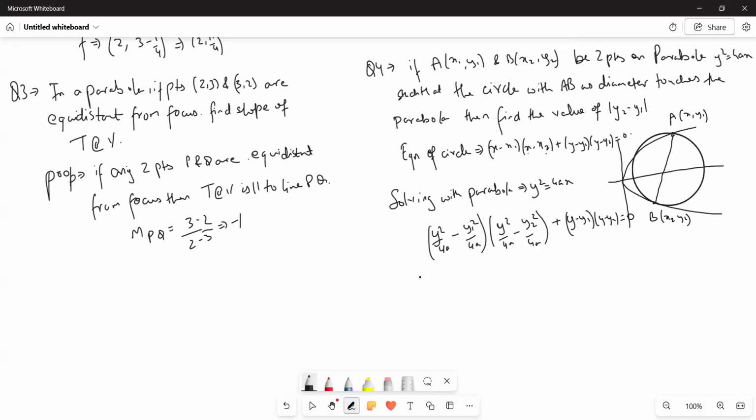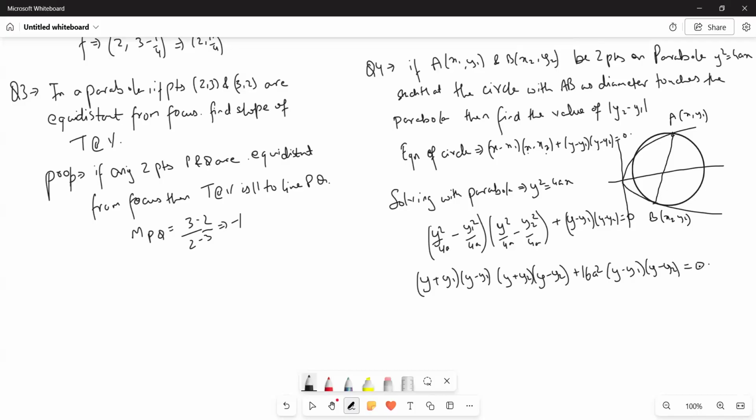Now, if we simplify this, this would be y plus y1 into y minus y1 into y plus y2 into y minus y2 plus 16a square into y minus y1 into y minus y2 is equal to 0.